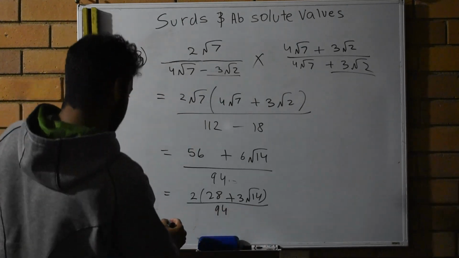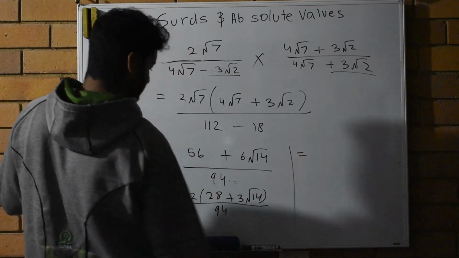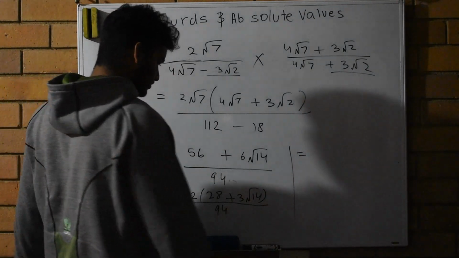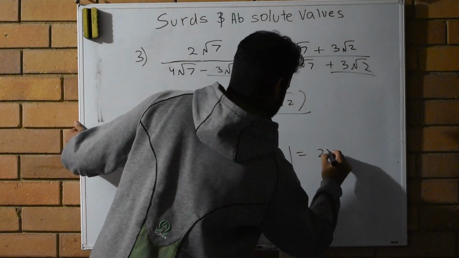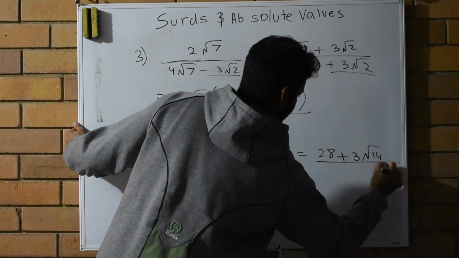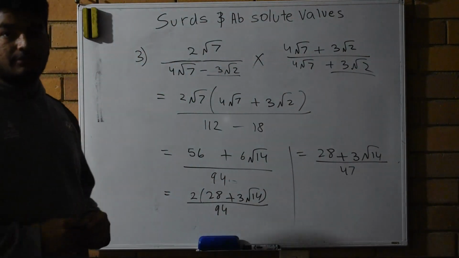I'm just going to write it here, guys. You can see 2 in 94 goes 47 times, so 28 plus 3 square root of 14, all divided by 47. That should be the answer.